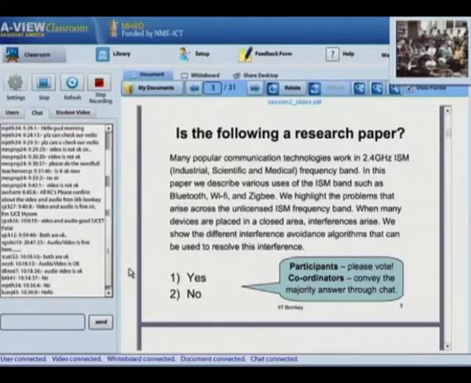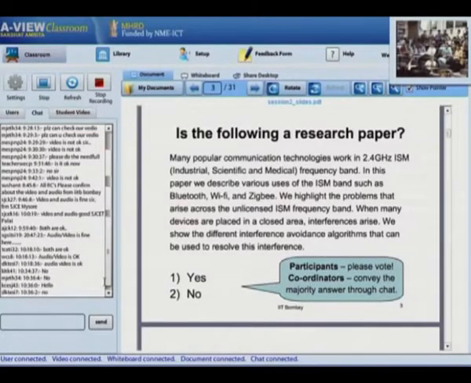Coordinators, if you could please convey the majority answer through the chat window, we will be able to get feedback here on what the majority of the participants think. So I'm going to switch over to the chat window, but I'd like everybody in their centers to just take a guess. It's okay if you're not sure.